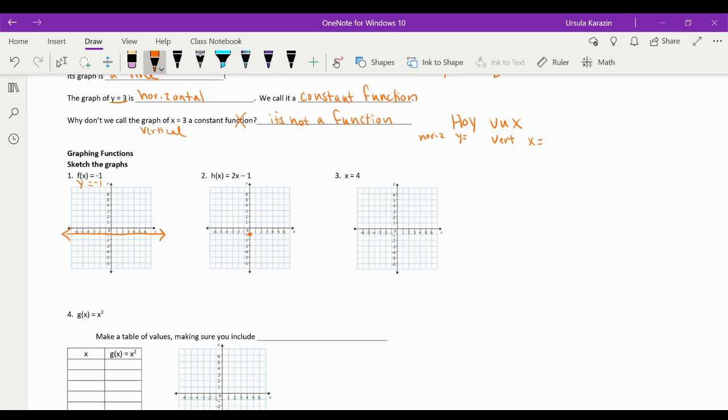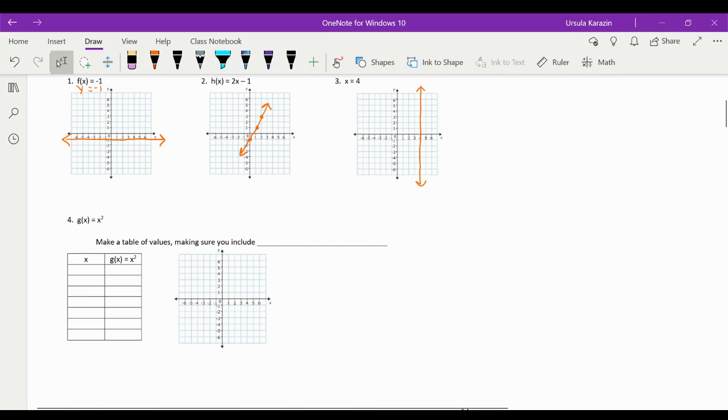So its y-intercept is -1, its slope is 2, and so it looks pretty much like this. And then x equals 4 is not a function, but it is a line like that.